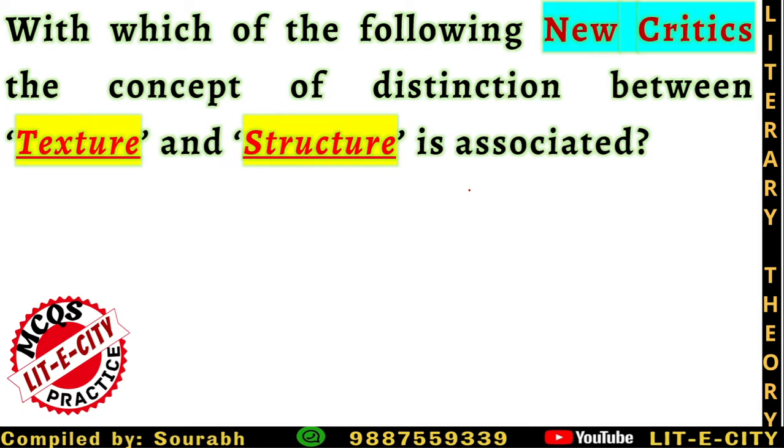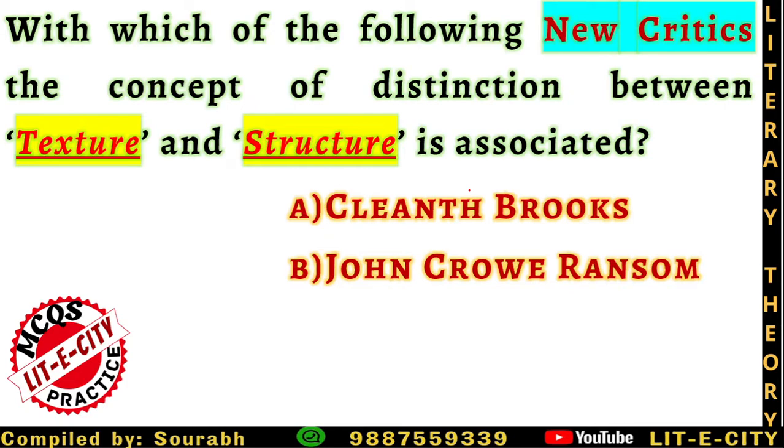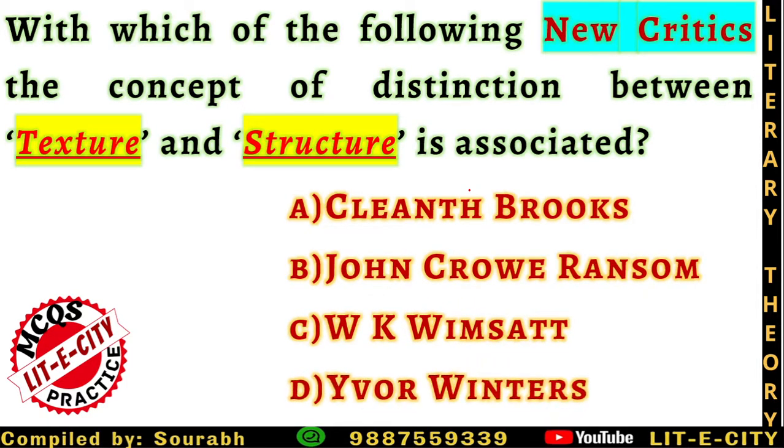Now, texture and structure, this is a distinction made by this famous New Critic. Our options are Cleanth Brooks, second is John Crowe Ransom, third one is W.K. Wimsatt, and the last one is Yvor Winters. All these have contributed a new kind of terms to the critical theories, or we can say literary theory, by their emphasis on the close reading of a text.